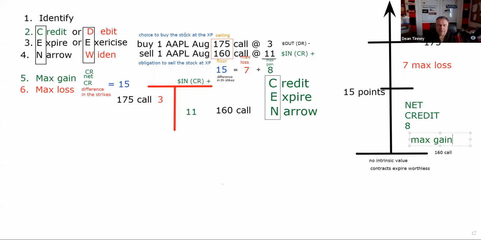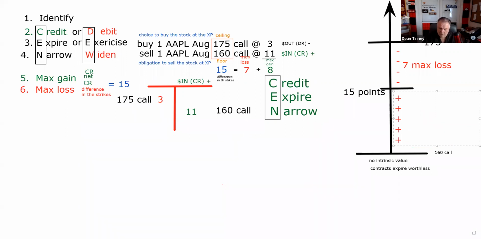By the way, if I really want to get carried away here, I could put minus signs here. And I could put plus signs here. That's what we're doing.